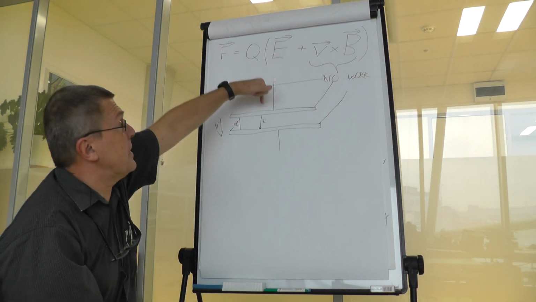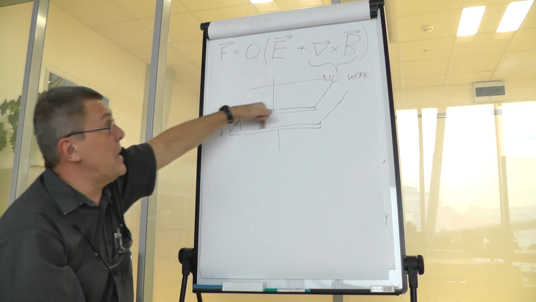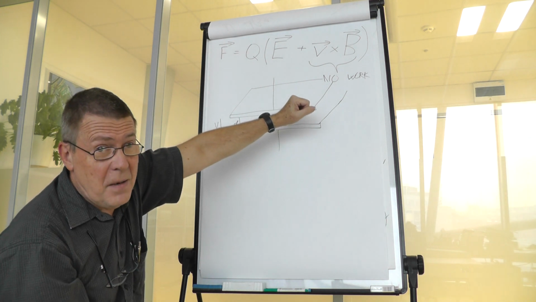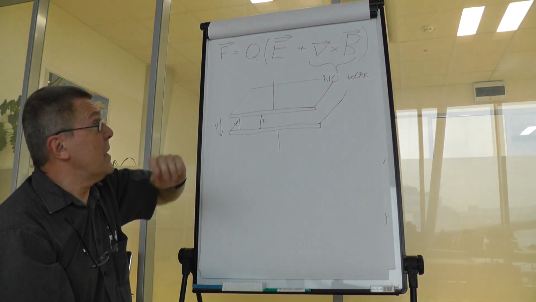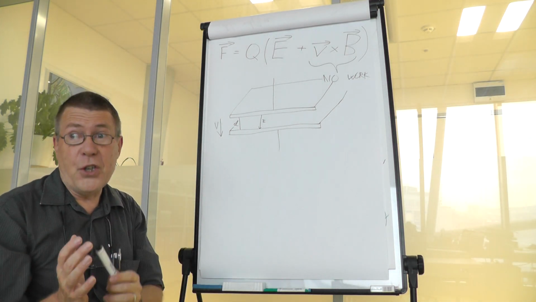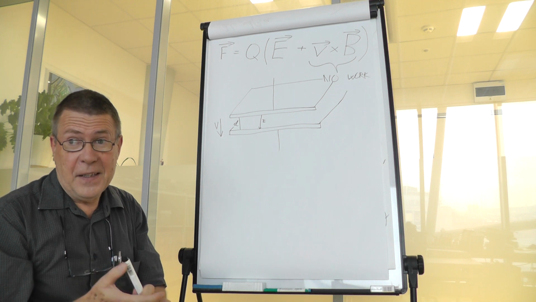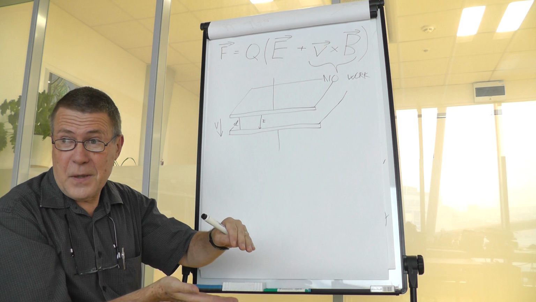That is, it points in the same direction at any point of the capacitor, and it has the same magnitude. So it's a homogeneous field. Now the question is, what would be the force or the pressure that this field exerts on those two electrodes?